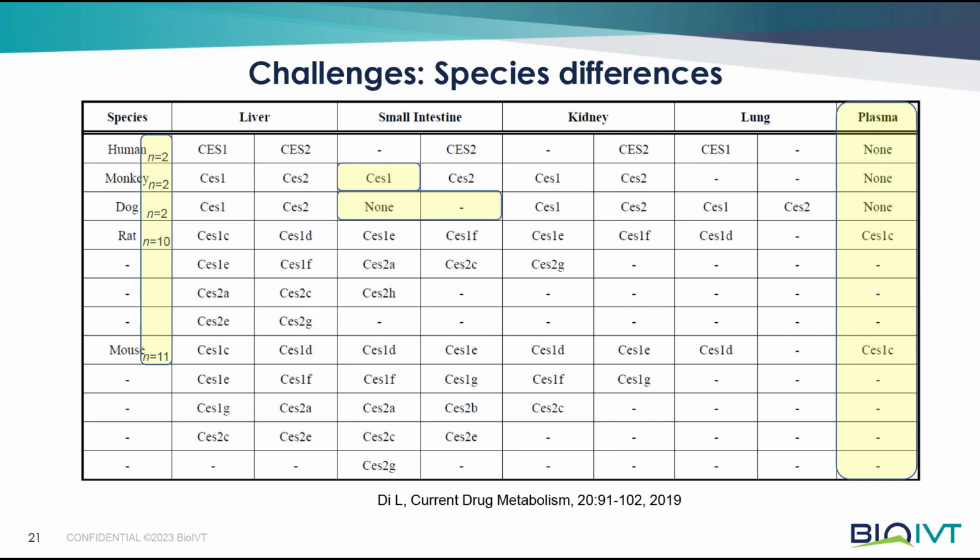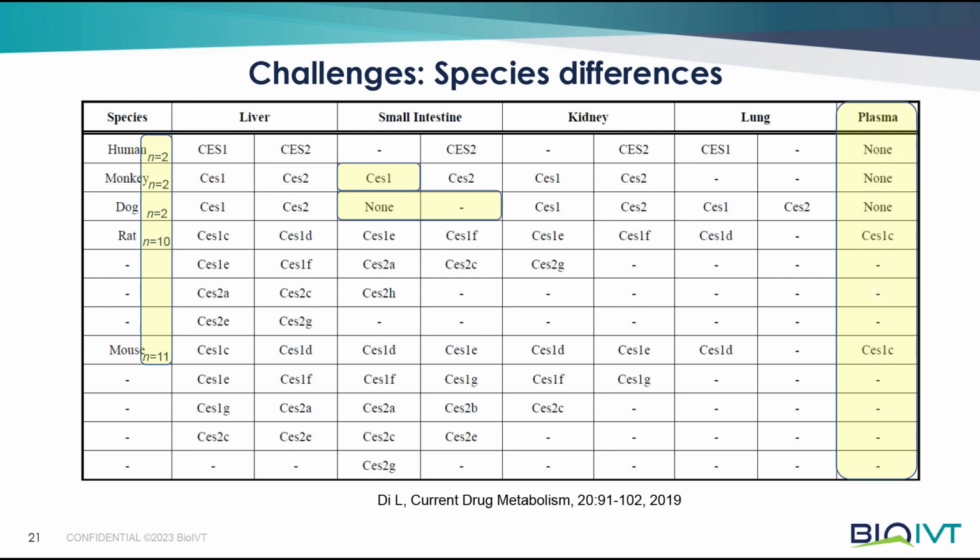And then with dog, they don't have either in the intestine. So that's a difference that can come up in certain tox studies where you might have a carboxylesterase 1 or 2 substrate, and it behaves differently in dog because of that lack in the intestine. And then with rats, they've got 10, mice have 11, and they're organized into these different varieties of carboxylesterase 1 and 2.